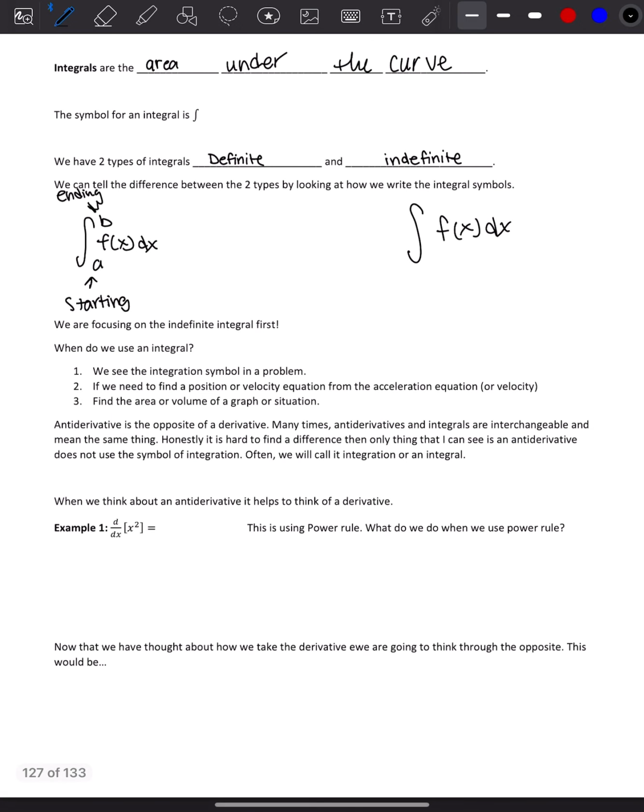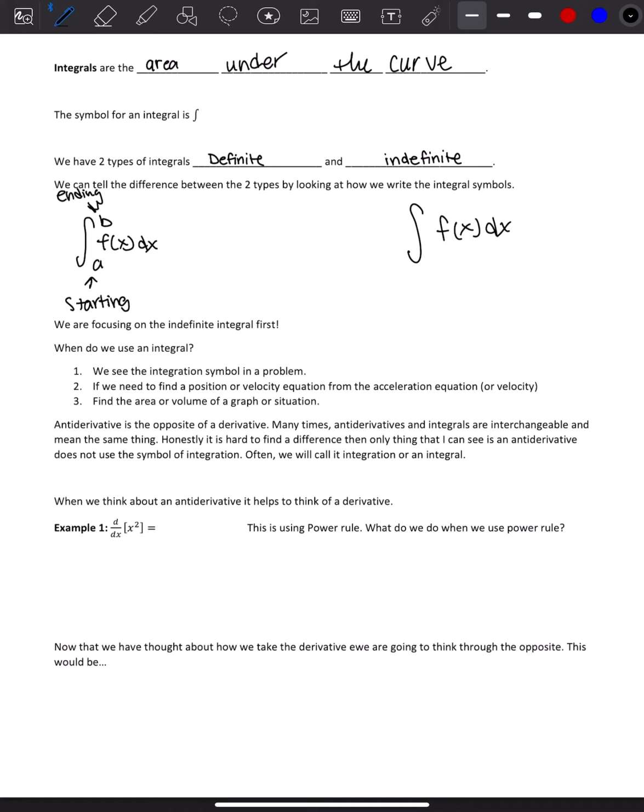So when we want to find an integral, we would normally do that when we see the integration symbol, a problem that's starting out with acceleration or velocity and we need to kind of go backwards this time, or if we need to find the area or volume of a graph or situation.